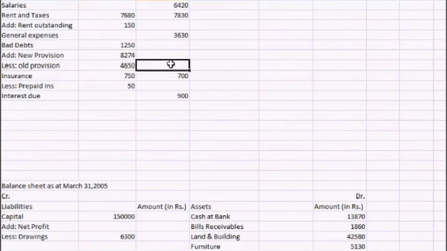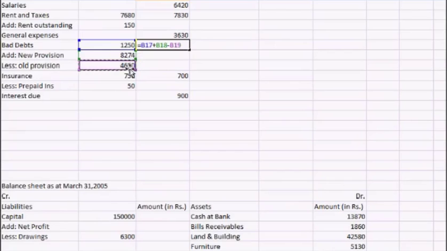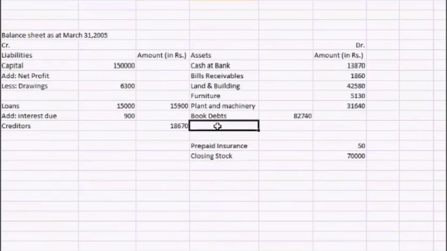So we have this. Now what we need to do is incorporate that in your main balance. Here we have, now add the new provision in this reserve, rather deduct the bad debts from book debts.